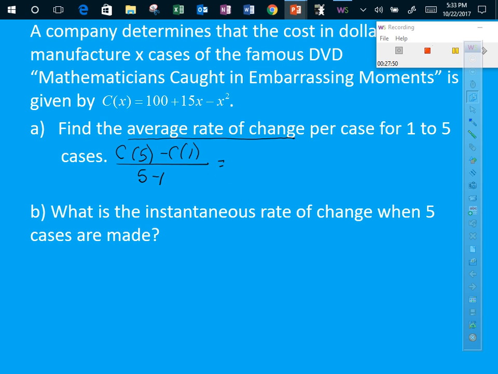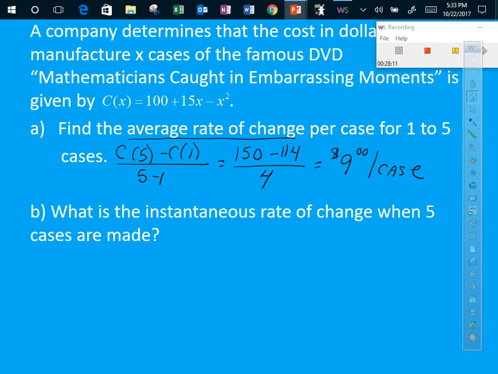If I plug 5 into the equation, I've got 150. If I plug 1 into the equation, I've got 114, over 4. Run that through your calculator, we're going to get $9 a case.